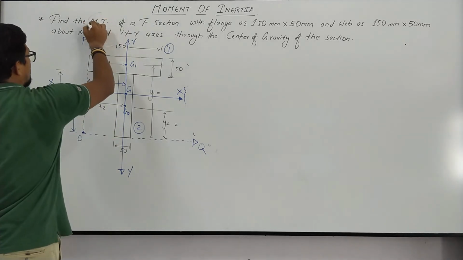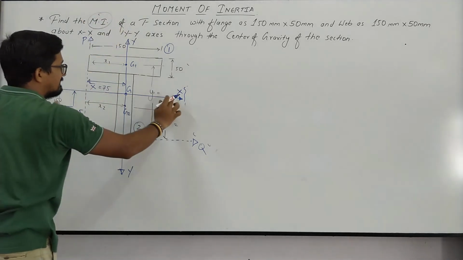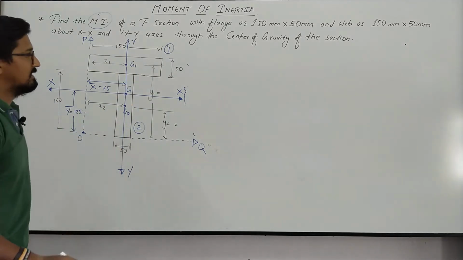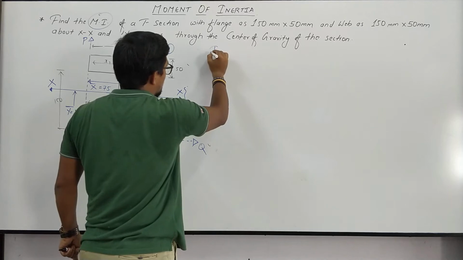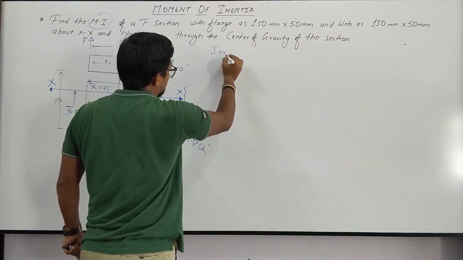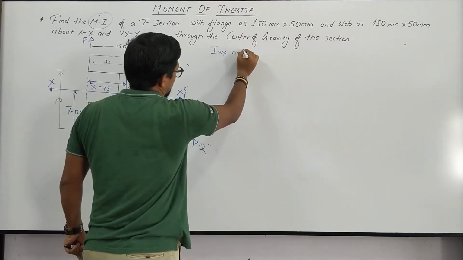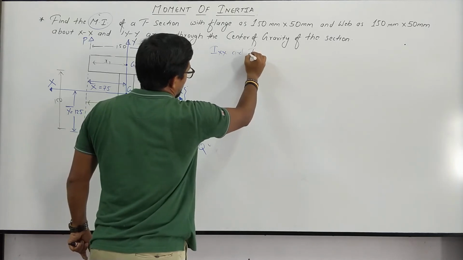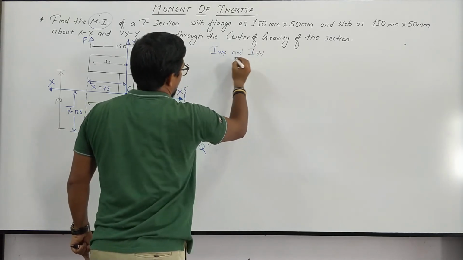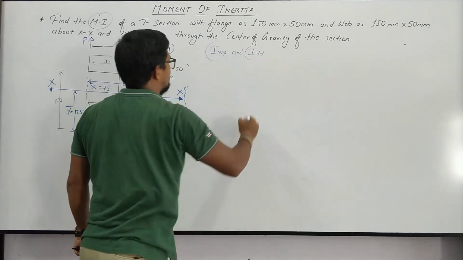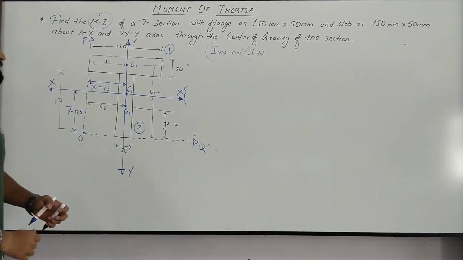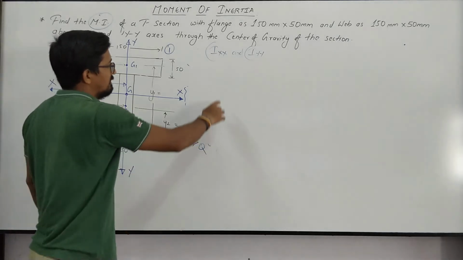Now we have to find the moment of inertia about this x axis and about this y axis, which means we have to find Ix and Iy.